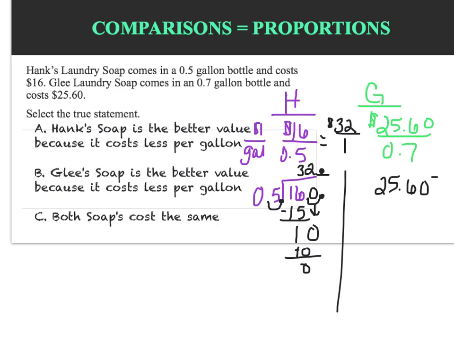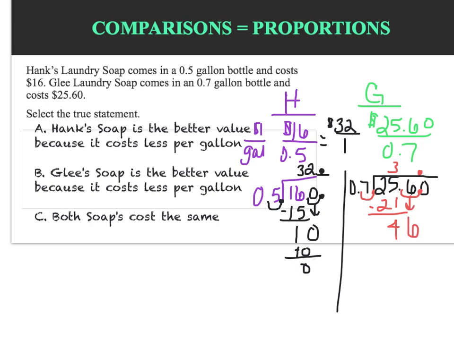Now I need to go ahead and divide $25.60 divided by 0.7. Again, I need to move my decimal on the outside to the right, which means I move this decimal also to the right. 7 goes into 25 3 times. 3 times 7 is 21. Subtract, I get 4.